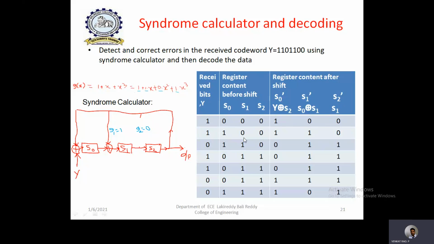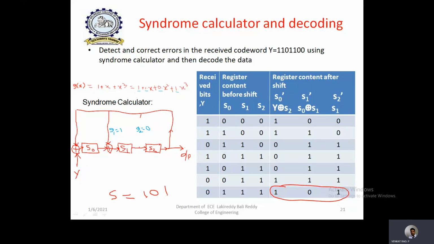So 1, 1, 0 is repeated here as the present value, based on the values calculated from these formulas. This cycle is repeated until the last value of the received vector. Finally we have obtained that the syndrome vector is 1, 0, 1. So finally S is equal to 1, 0, 1.